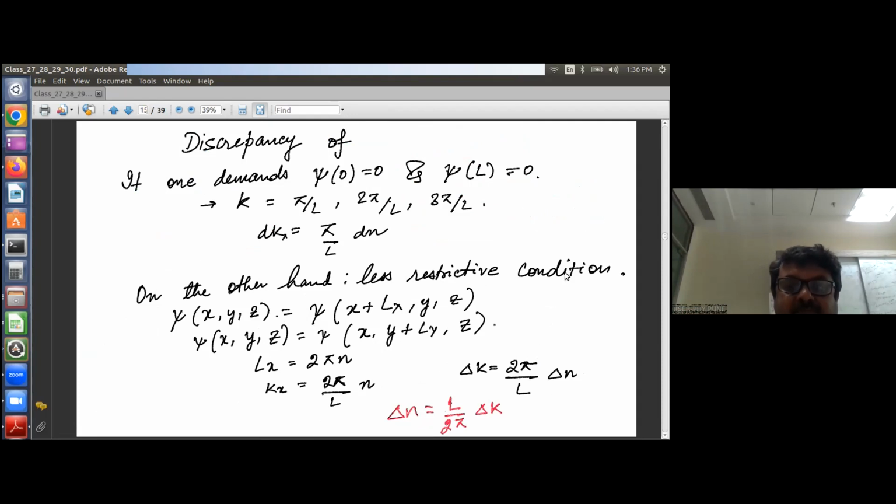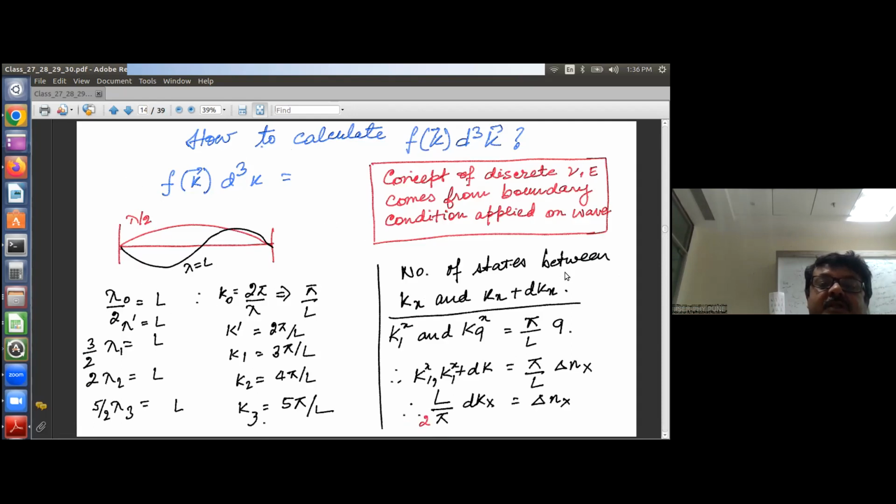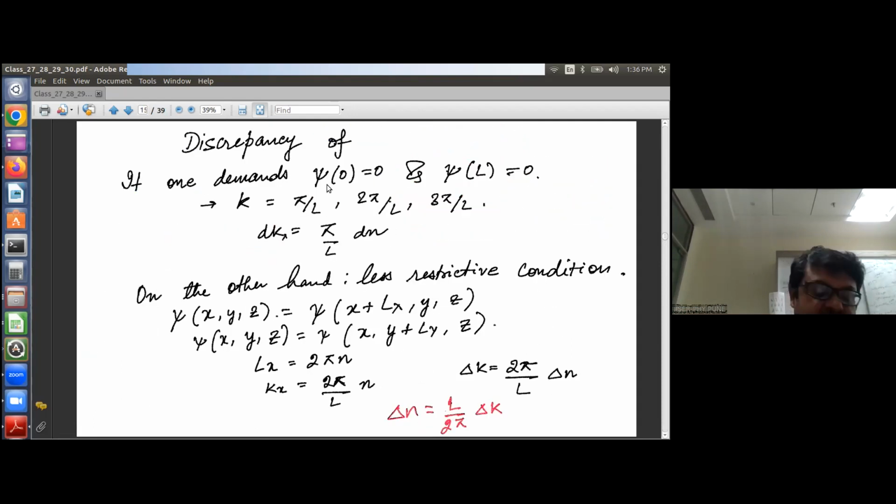If we took the boundary condition that psi, the wave function, is equal to 0 at x equal to 0 and x equal to L, then you will get dkx equal to pi by L into dnx. And of course, if you take 3 different directions, delta nx, delta ny, delta nz, then you'll get the total number of vectors allowed.